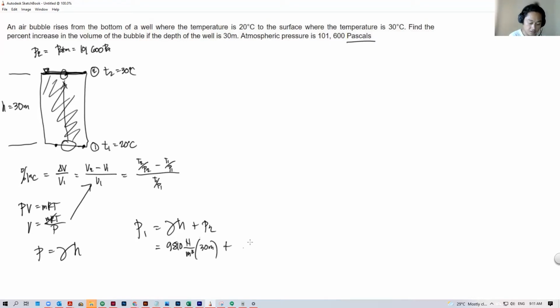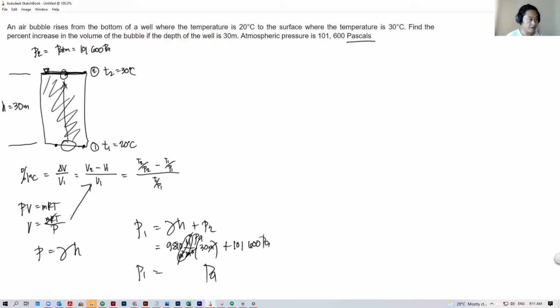And the pressure P2 is 101,600 pascals. If we do the unit analysis, this meter here will just cancel out one of the meters here. So that's newton per meter squared, and newton per meter squared is just equal to pascals. So we've got our answer for P1 in terms of pascals.